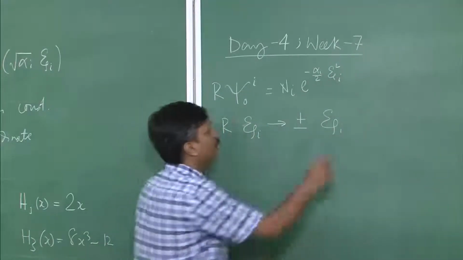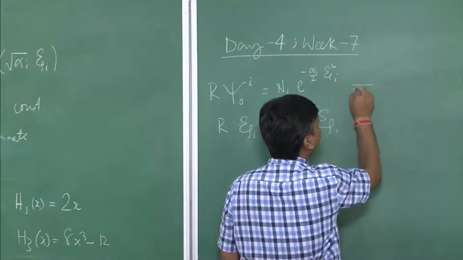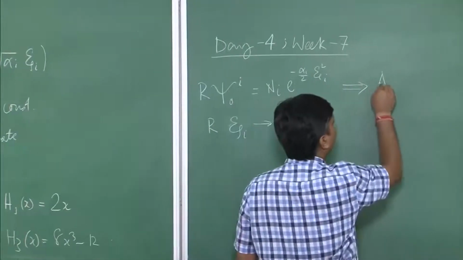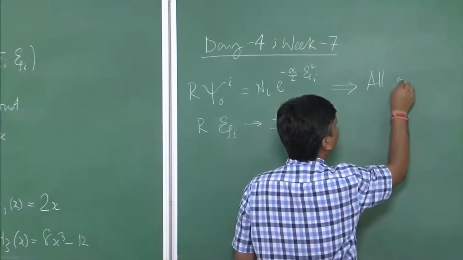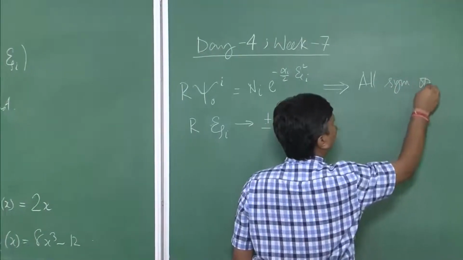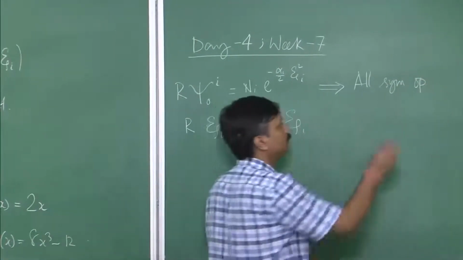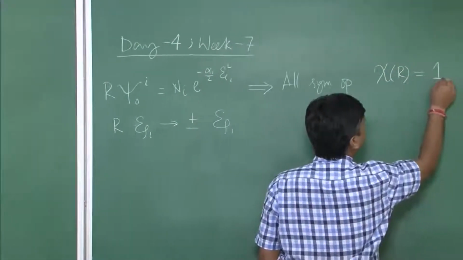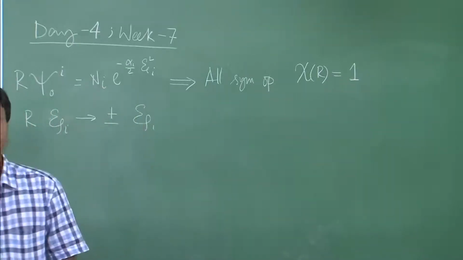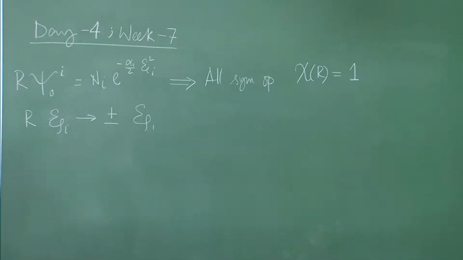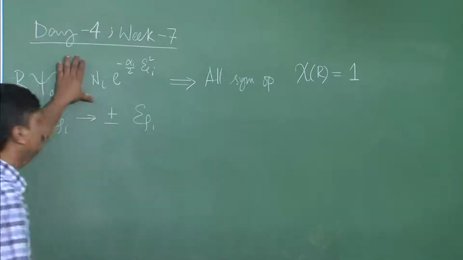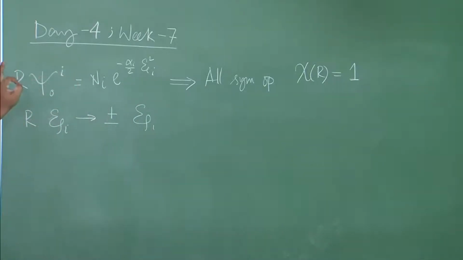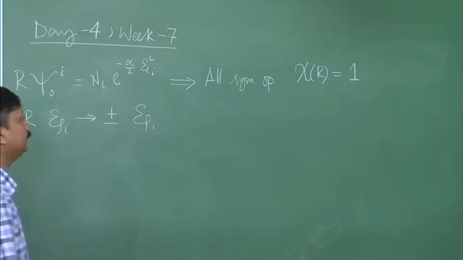So therefore, if I perform all the symmetry operations, the characters irrespective of the operation are always going to be +1. What does that mean? That means this particular function, which is the ground vibrational state wave function, will form the basis of totally symmetric irreducible representation.